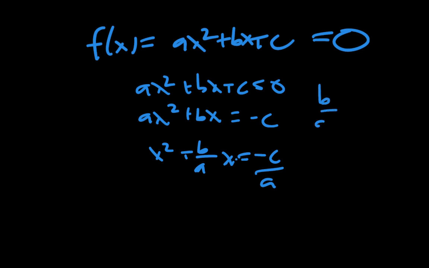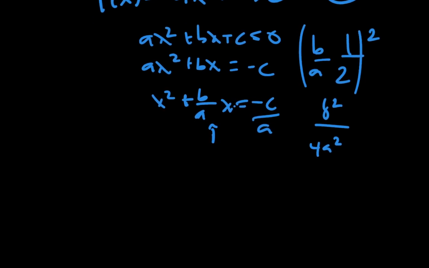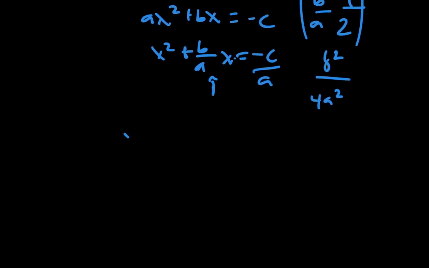So when you complete the square, you take the b over a term for the x coefficient, you multiply that by 1/2 and you square it, and that's b over 2a squared, which would be b squared over 4a squared, and you add that to both sides, which is basically adding 0 because we're adding to both sides.